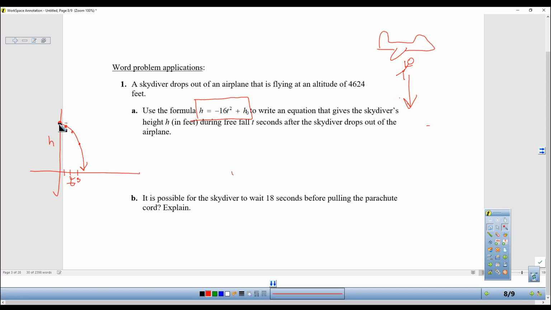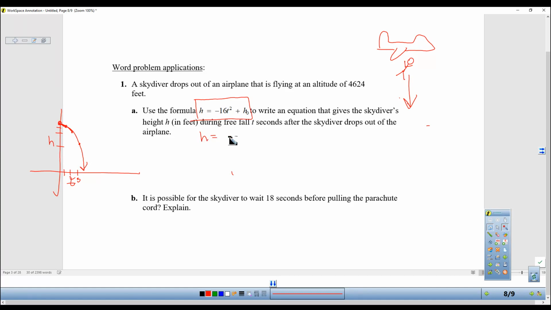Because he's not falling that fast when he first starts to fall. But now he's falling a little faster, right? Like in that same interval of time, he only dropped this far, and now he's dropped this far, and now he's dropped this far. He's speeding up. He's going faster until he hits the parachute. So this will tell you his height at any time.